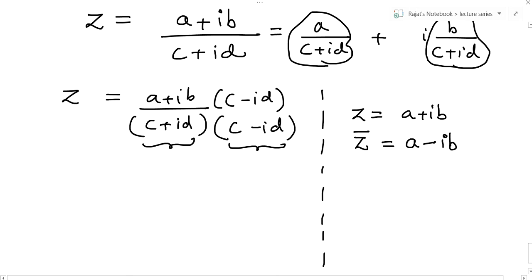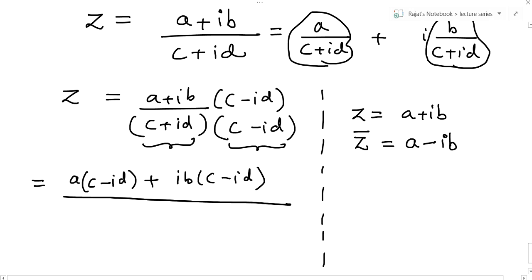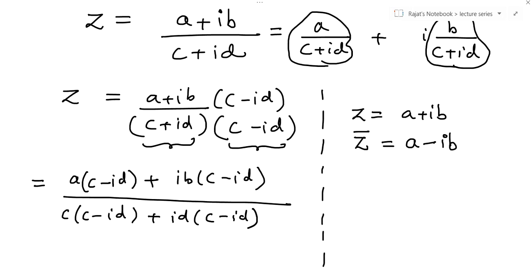By multiplying and dividing there is no effect on the complex number, it's still the same complex number. So what is the use? Let's see. a plus ib, if I multiply, becomes a into c minus id plus ib into c minus id, divided by c into c minus id plus id into c minus id.